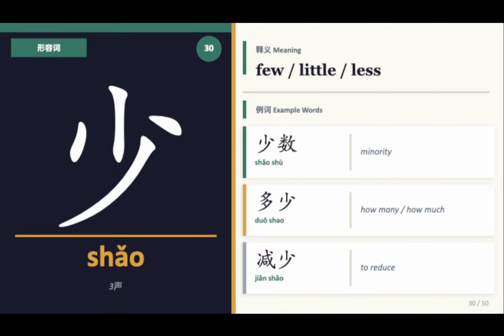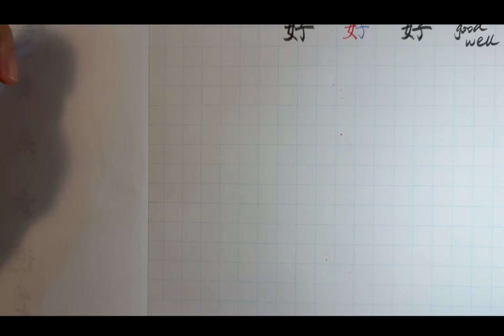It's just this stroke. Later we'll do a comparison. 少数 is minority. Again, 多少 is how much, how many, a question word. 减少 is to reduce. 减 is minus. Okay, let's write.